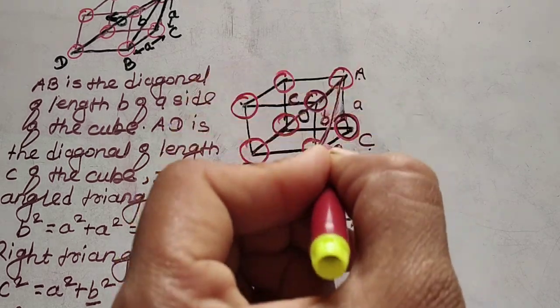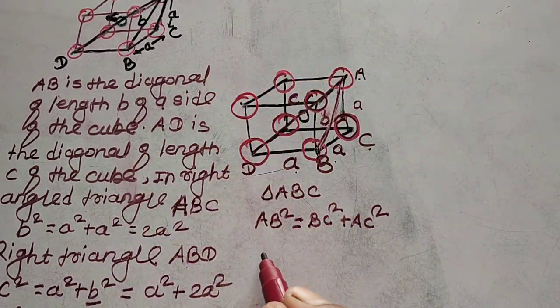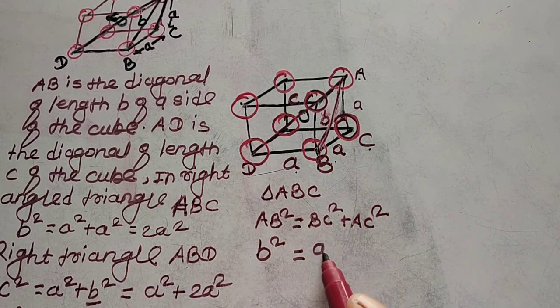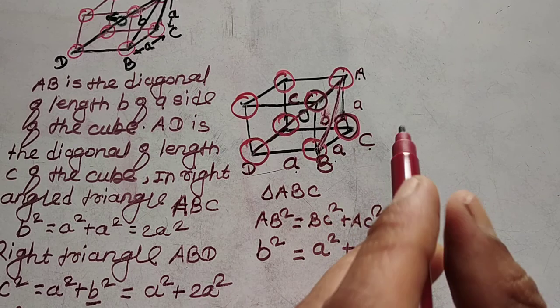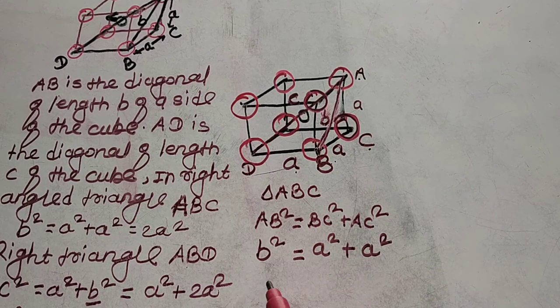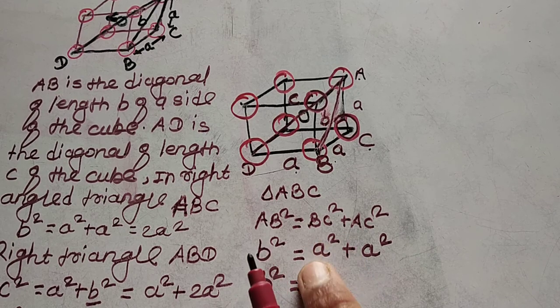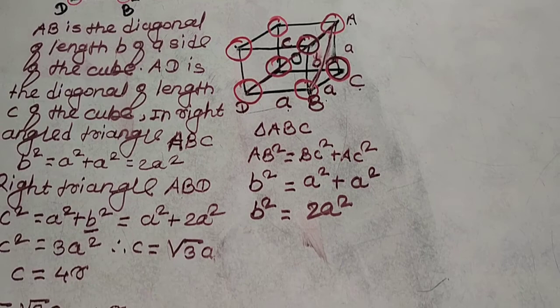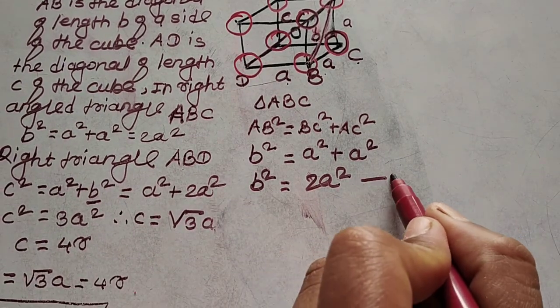AB is equal to b, so b square; BC is a, so a square; and AC is a square. So b square is equal to 2a square. This is equation number 1.